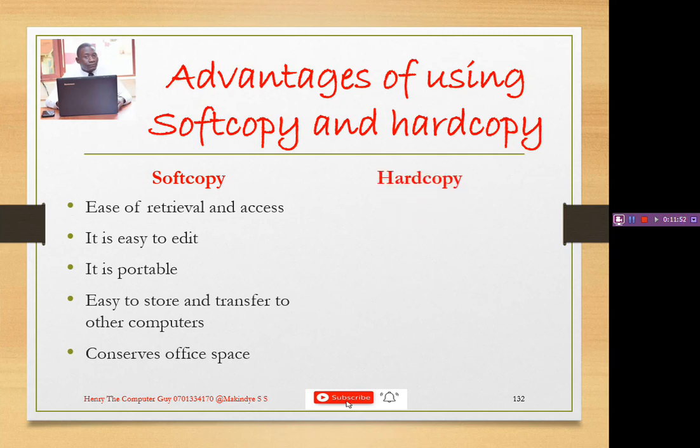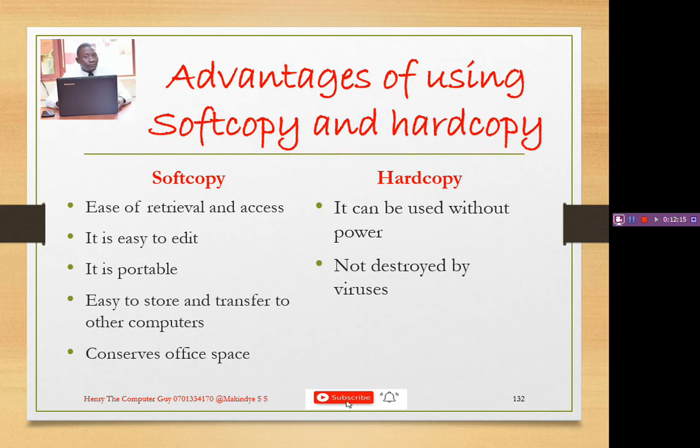Let's come to what we call the hard copy. And they're telling us that a hard copy advantage is it can be used even without power. But a soft copy cannot be used without power. That means that your computer has to be powered on for you to be able to access the soft copy. But for the hard copy, you can use it even if you don't have power. And it is not destroyed by viruses.